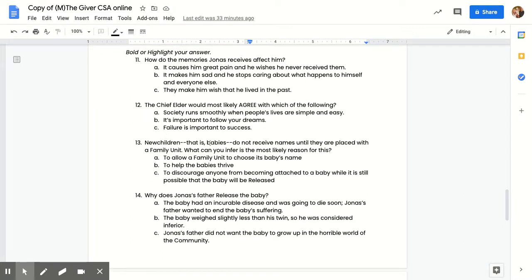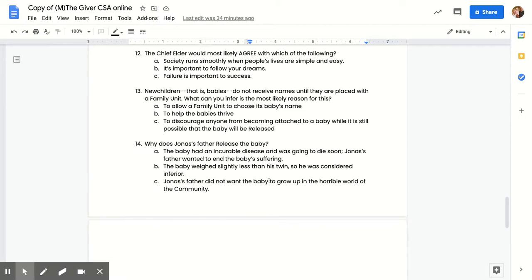Number 13. New children, that is, babies, do not receive names until they are placed with a family unit. What can you infer is the most likely reason for this? Is it A, to allow a family unit to choose its baby's name, B, to help the babies thrive, or C, to discourage anyone from becoming attached to a baby while it is still possible that the baby will be released? Number 14.